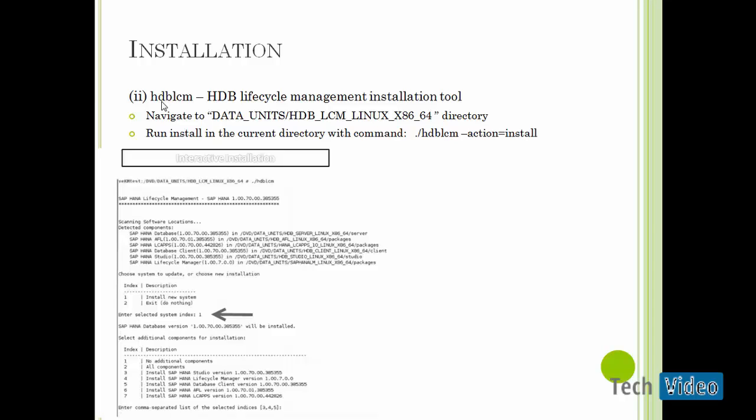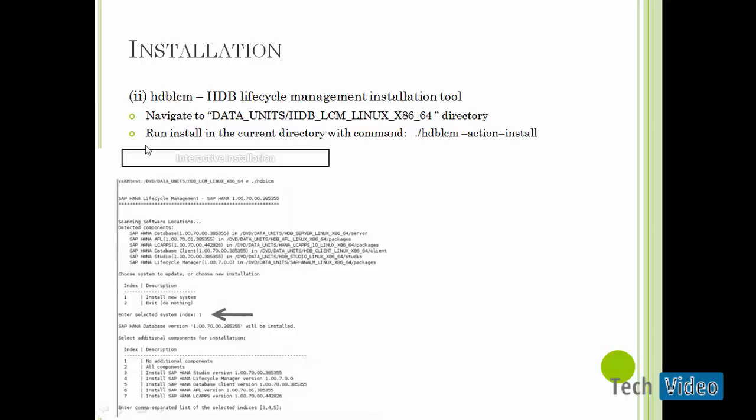I have already explained the differences between HDB-INST and HDBLCM. So to run the installation, what is the command that we use? We have to run the installation using ./hdblcm, give a space, double hyphen, action equal to install, for installation.